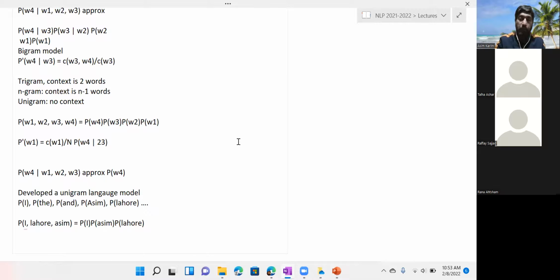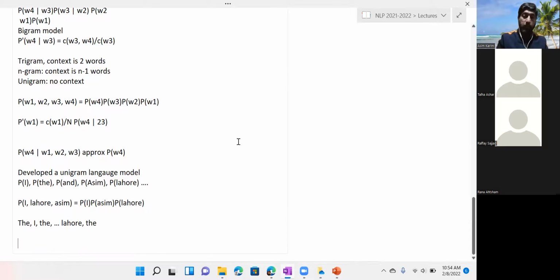So let's say you sample a word and you get the word the. Then you sample again, and maybe you get the word I. And maybe you sample again and you get the word the again. And maybe you sample again, you get Lahore somewhere, and then you get the again, and so on. So the sequence of words that you get would be closely related to those words that occur frequently in the corpora. And those sequences would not make sense in a language.